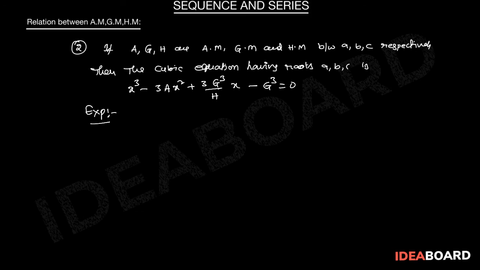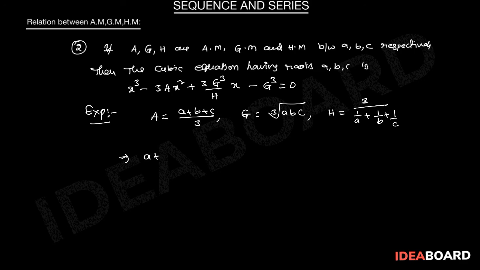Explanation. Given capital A equal to a plus b plus c by 3, G equal to cube root of abc and H equal to 3 by 1 by a plus 1 by b plus 1 by c.